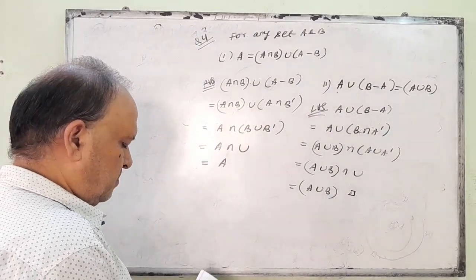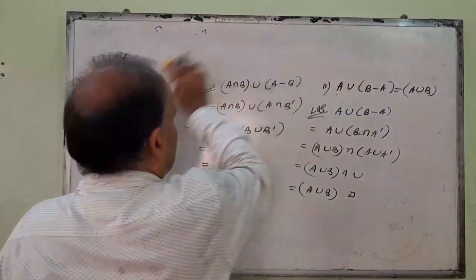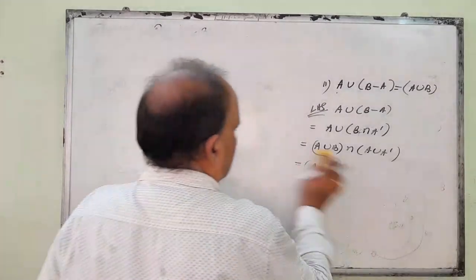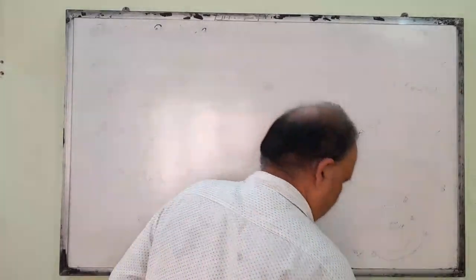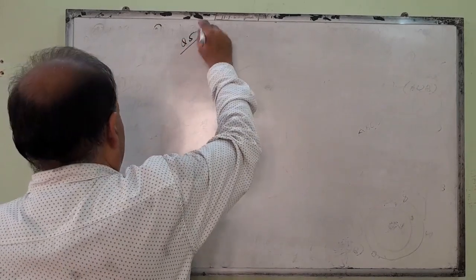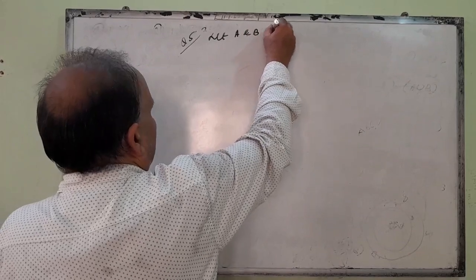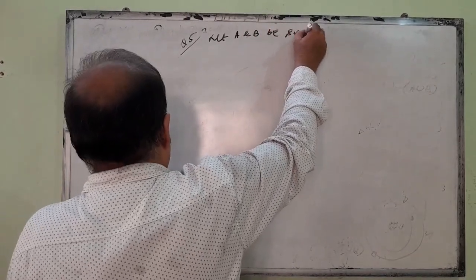Next, come to your question number 5. A very important problem, try to understand. Let A and B be sets.